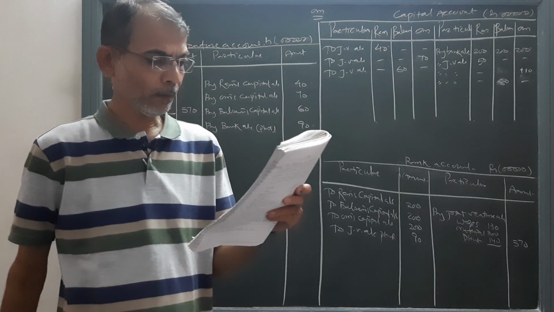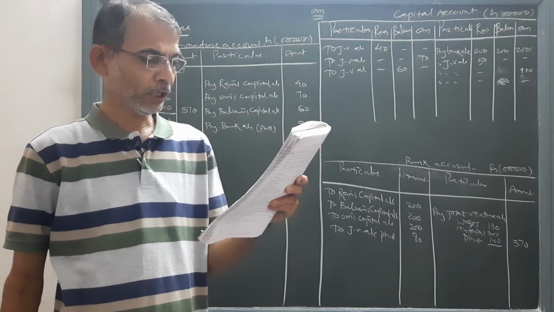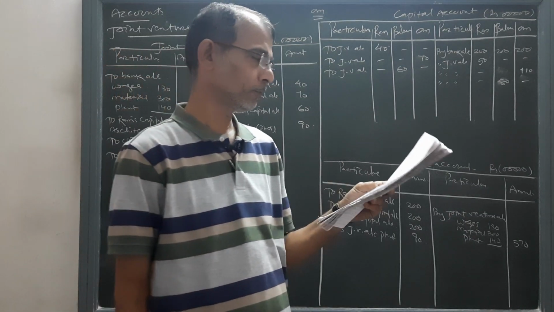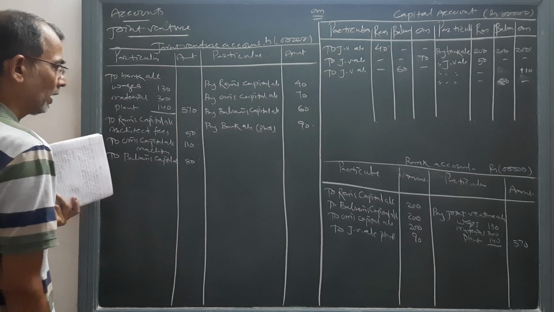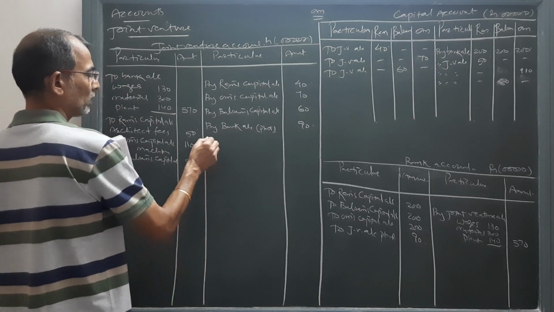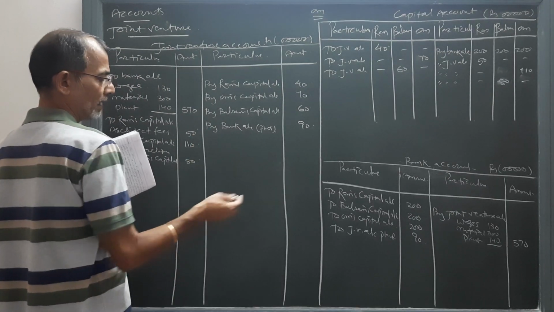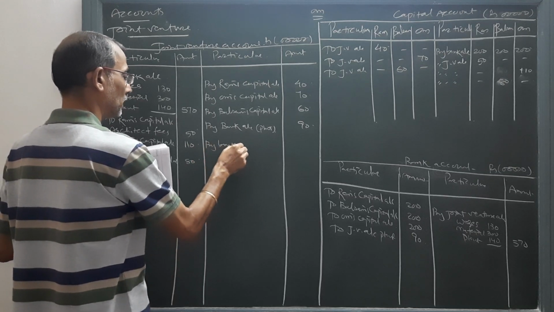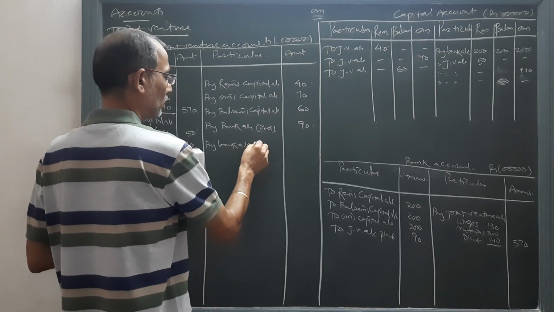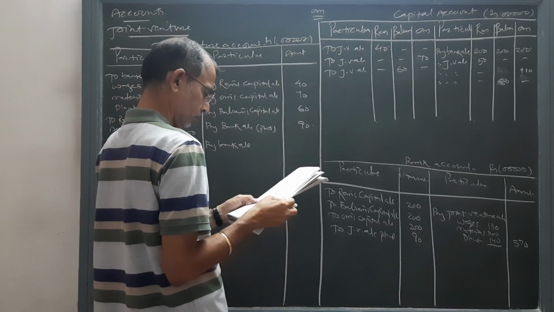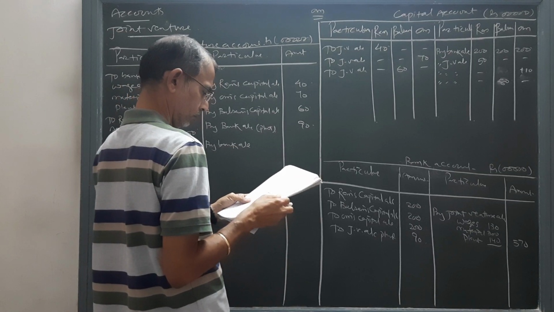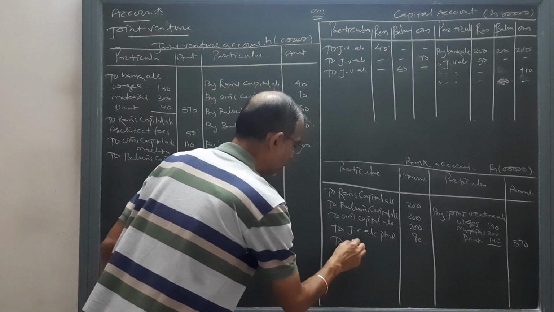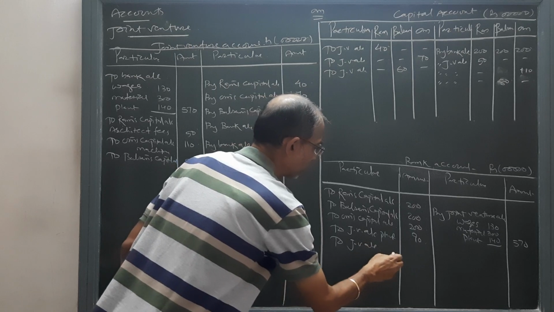Then 6 crore, being 80% of total, received through cheque. So on the credit side of the joint venture and debit side of the bank account, by bank account to joint venture account.